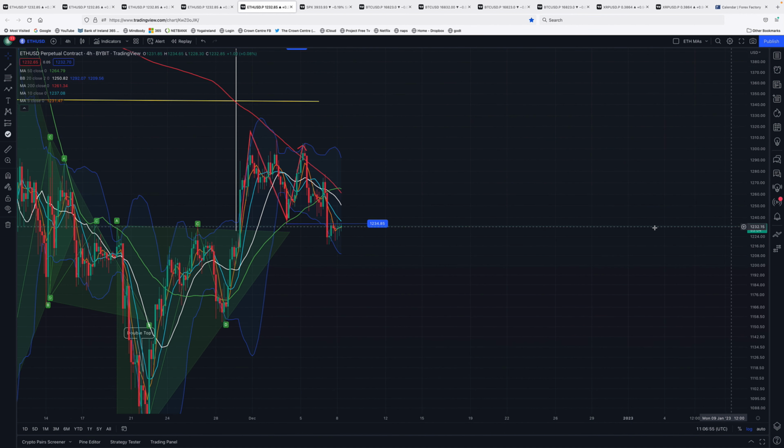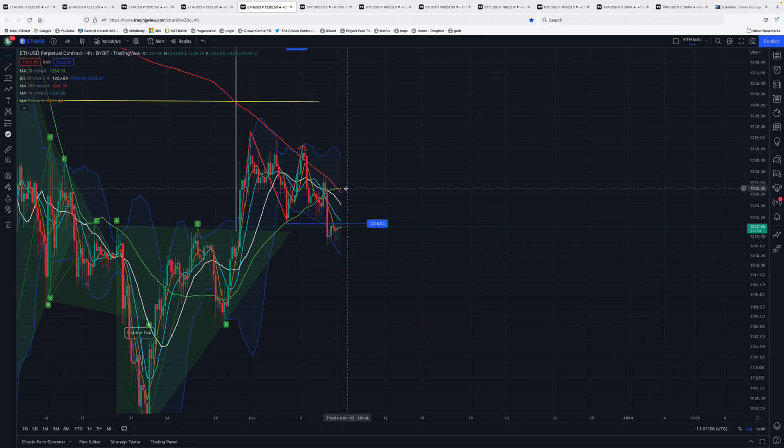On the 4-hour momentum, we've had a weird crossing, the 50 crossing over the 200, but they're both coming down. This is really interesting to see, because price action has been coming down, and this 50 has been stubborn going upwards, and it did cross the 200. So again, if we have a lot of volatility and market manipulation, generally when this happens we see a back test to it.